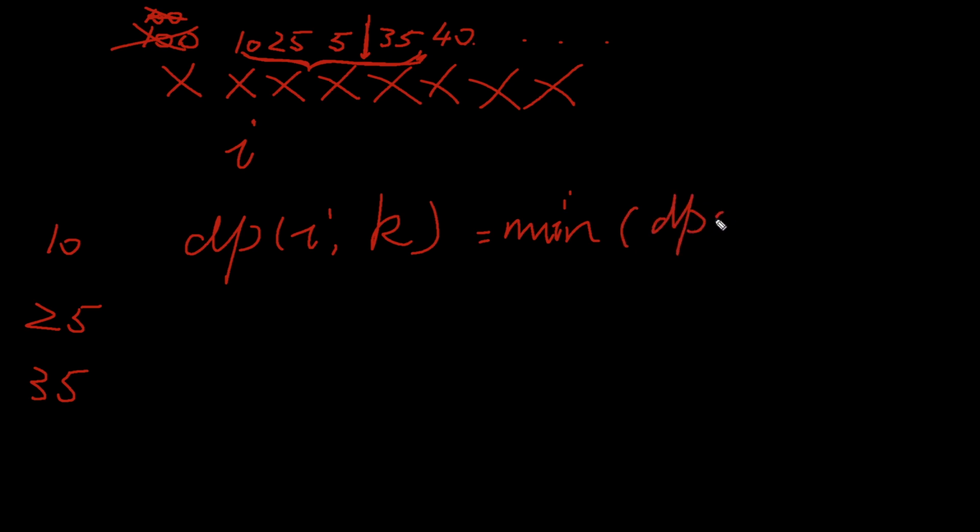The next state will be dp of j to k, plus the wasted space. And j is between i plus 1 to n, right?